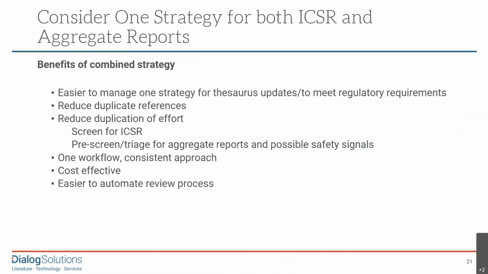So there are cost savings that could be obtained from having one strategy. One workflow often can be demonstrated to be more consistent. Consistency approaches fewer inspection findings, and generally speaking, it could be easier to automate any downstream review process. So just something to consider.